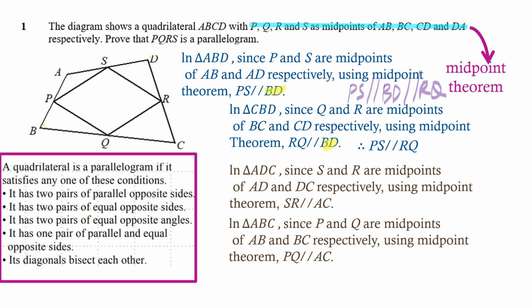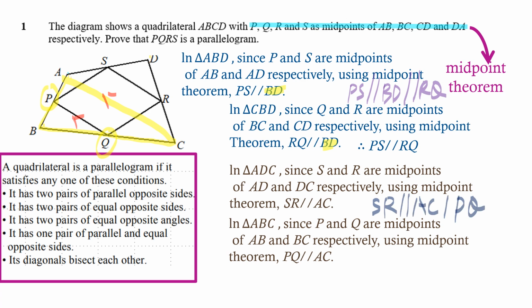ABC, here. You're given that P and Q are midpoints. So again, we can conclude that these two lines are parallel. SR is parallel to AC and PQ is parallel to AC. So AC is our connecting agent. SR parallel to AC, AC parallel to PQ.